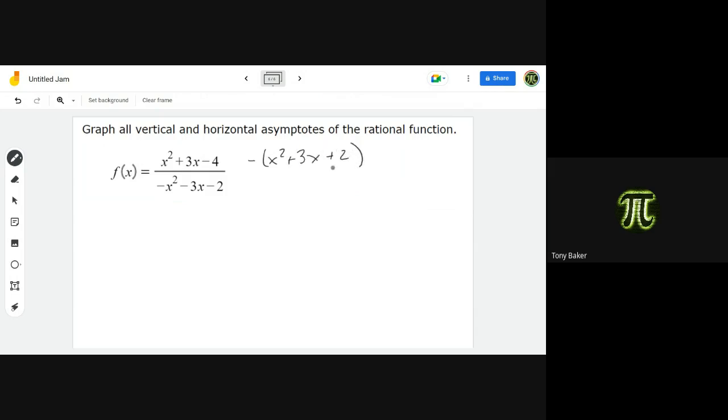So I'm looking for two numbers that multiply to 2 and add to 3. So that's 2 and 1. So in this case, my x cannot equal -2, and x cannot equal -1.